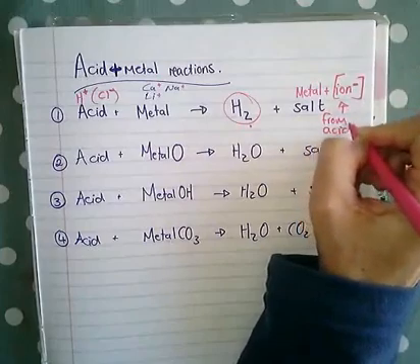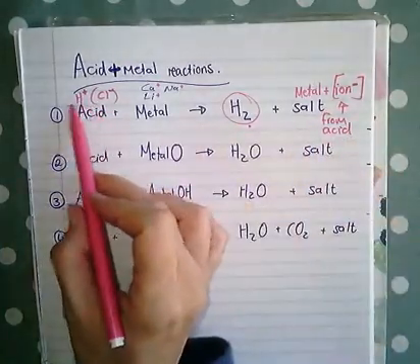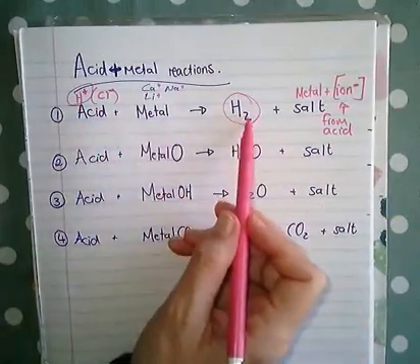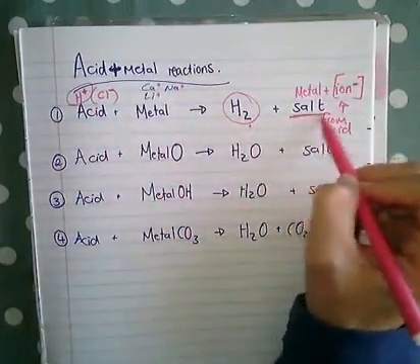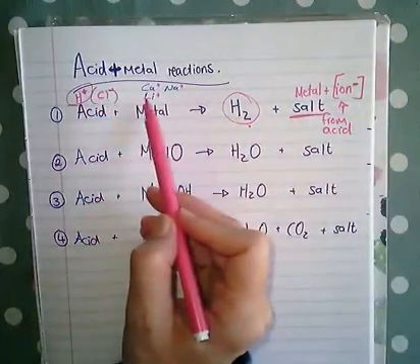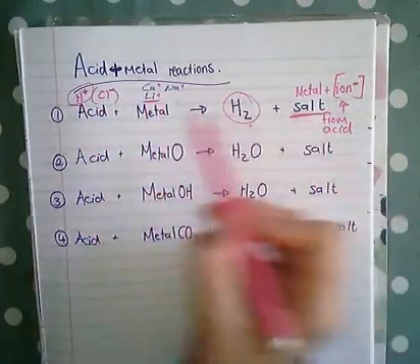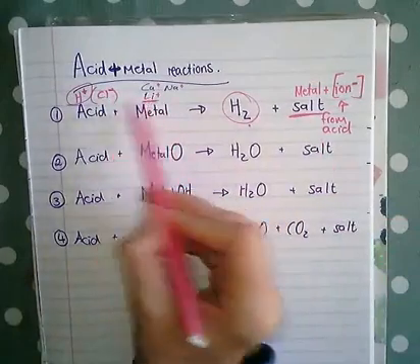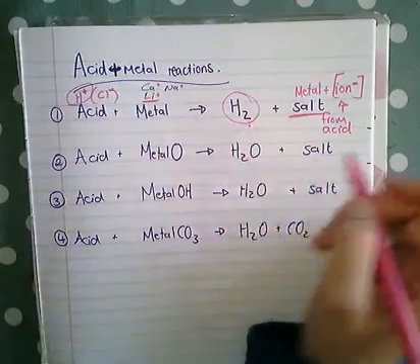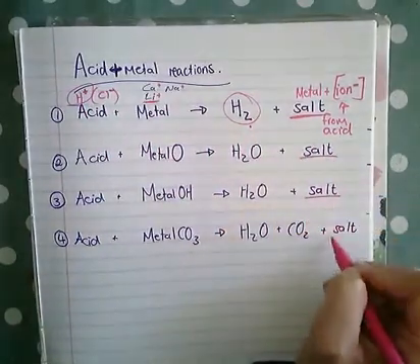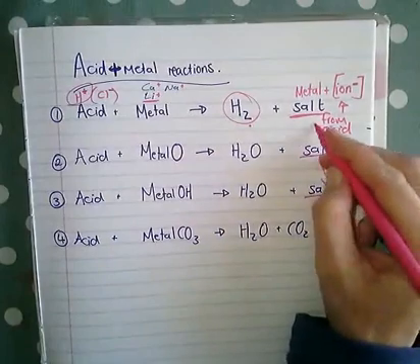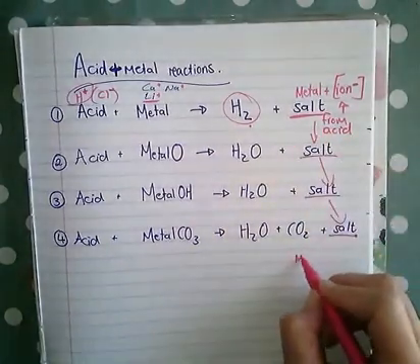If that was HCl plus lithium, this will be lithium Cl and hydrogen. So the salt will always be the metal plus the negative ion that comes from the acid.